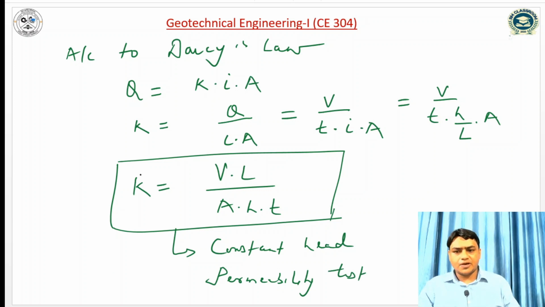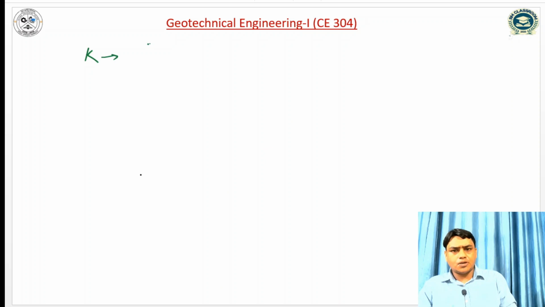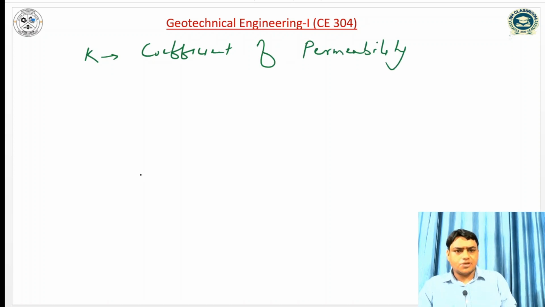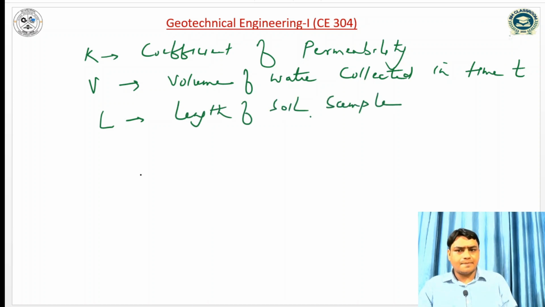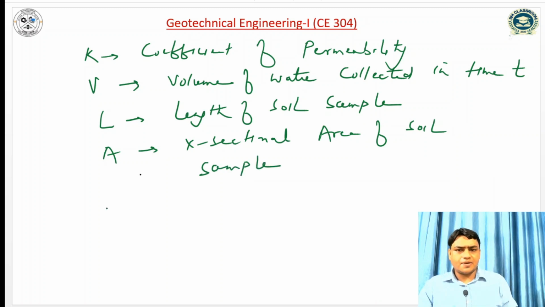Here small k is the coefficient of permeability, V is the volume of water collected in time T, L is the length of soil sample, A is the cross sectional area of the soil sample, and H is the head difference, that is H1 minus H2.